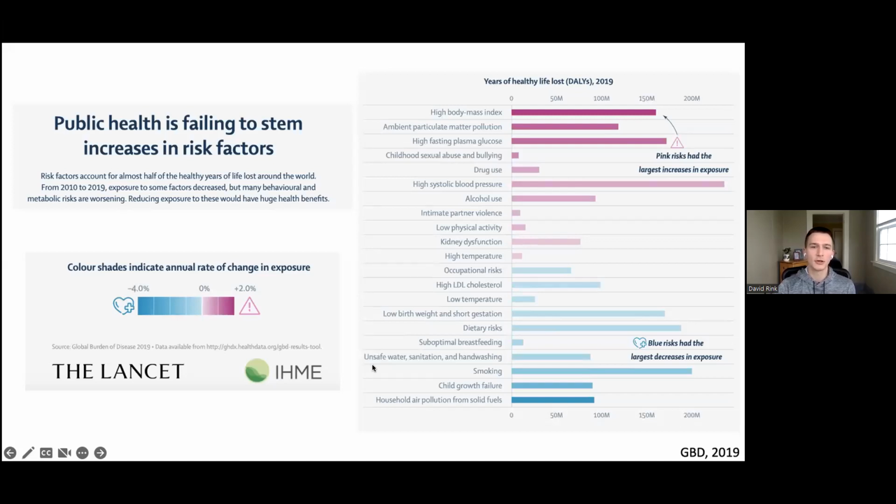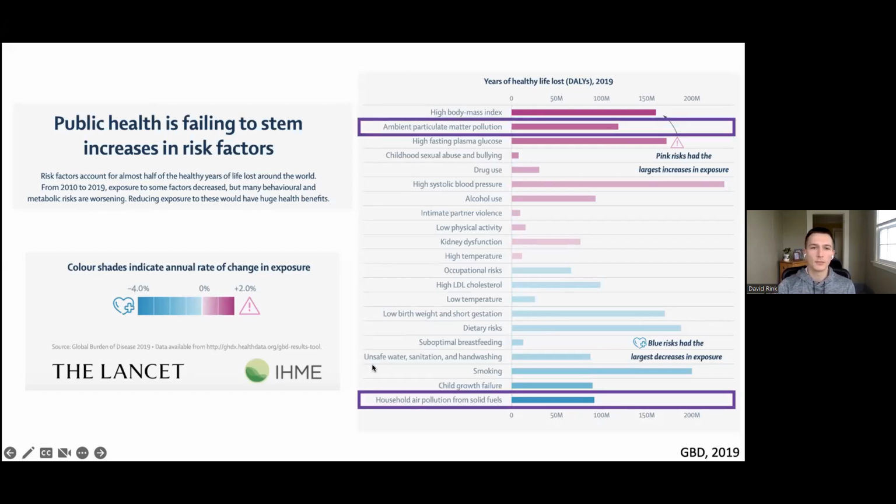And we see that here in data from the IHME and the Global Burden of Disease study. The measurement here is in disability adjusted life years, or the number of years lost due to ill health, disability, or early death. And we see that there's been a relative increase related to ambient particulate matter pollution. Fortunately, there has been some decrease related to household air pollution there at the bottom.